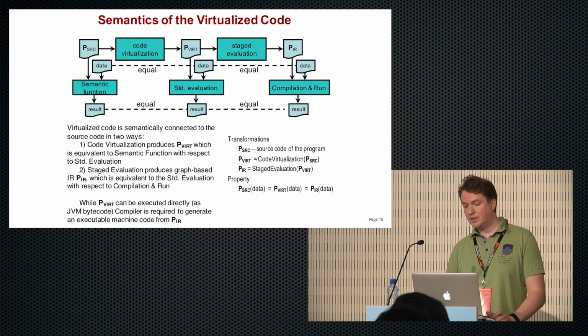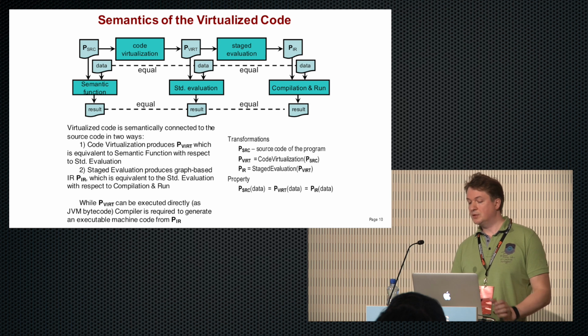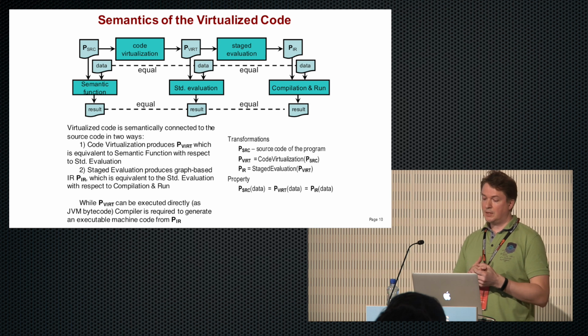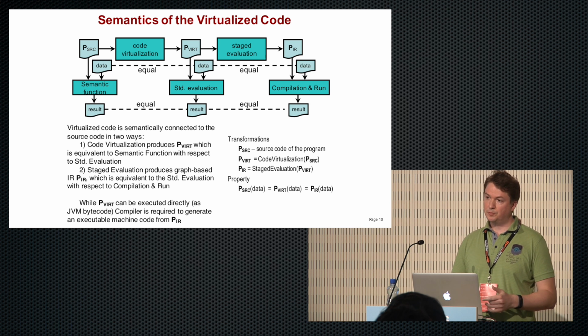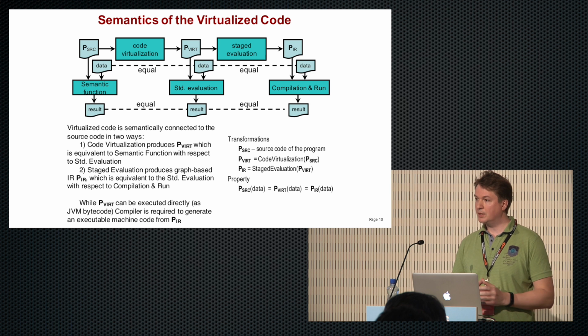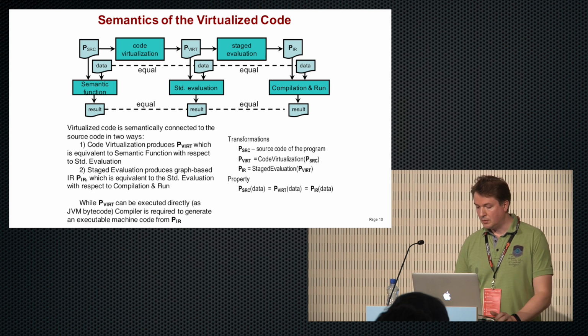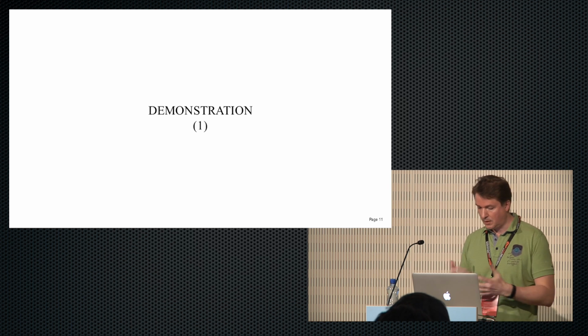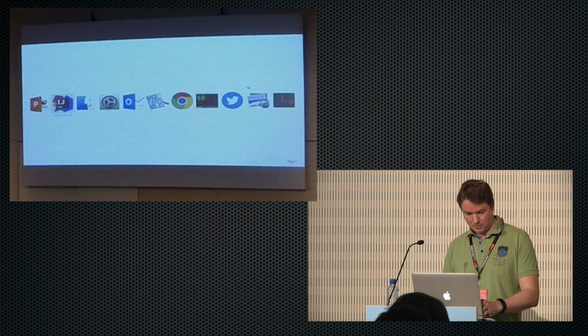Then we perform code virtualization of the program, and we produce P virtualized, which has standard evaluation, which, if we give the same data, gives the same result. And if we perform staged evaluation of this program, we produce some intermediate representation, which is also equivalent to all previous functions with respect to compilation and run. So these are the main concepts to discuss.